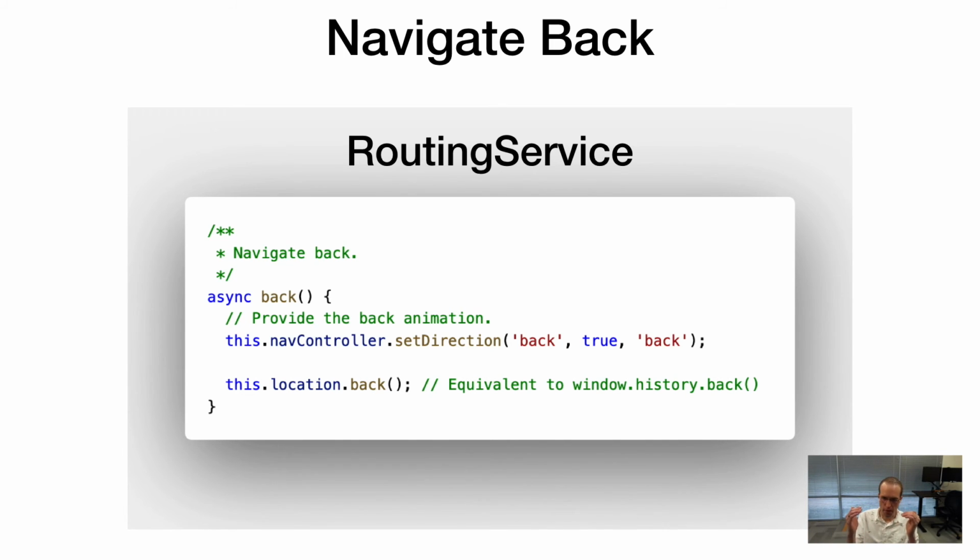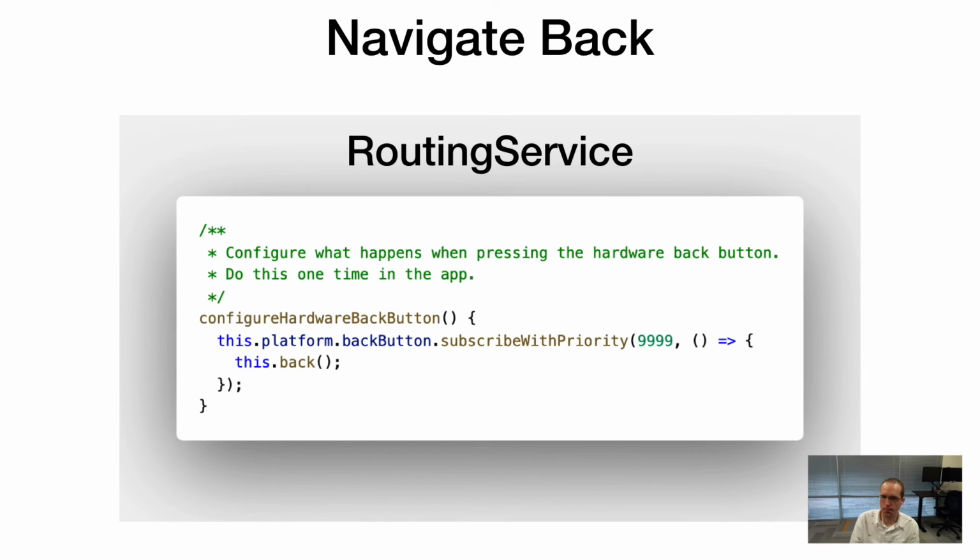However, right before that, we also want to make sure that the nice Ionic navigation transition to animate the back animation is present. So that's what we're doing there. We're providing the back animation when you click this back button. On Android, as I was mentioning, there is a hardware back button, and we want to make sure that that also embraces this style of navigation.